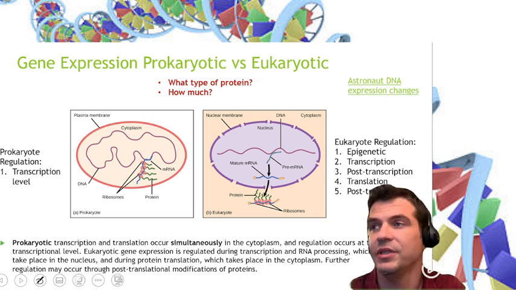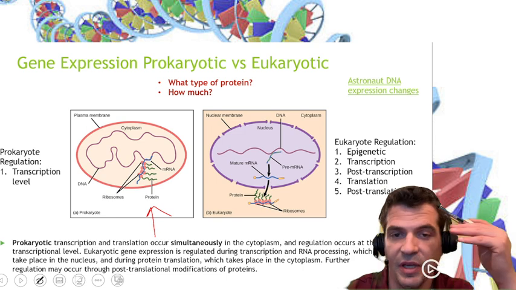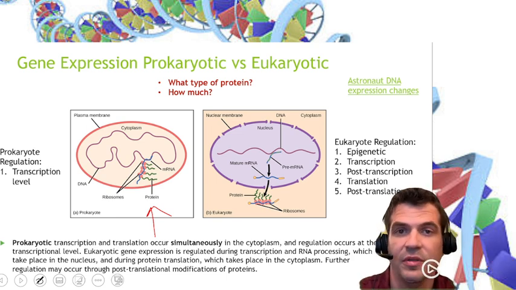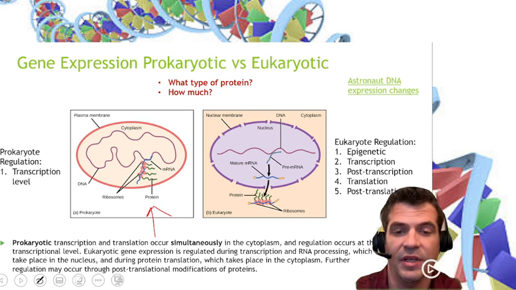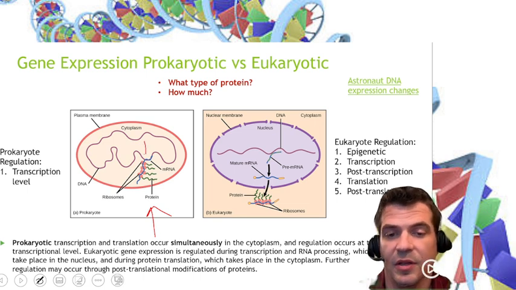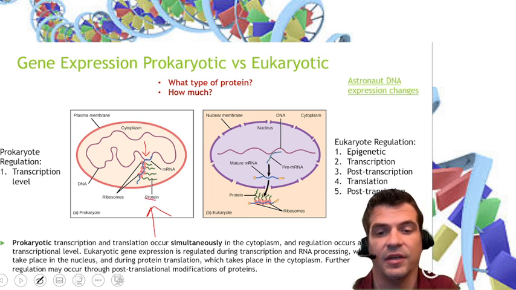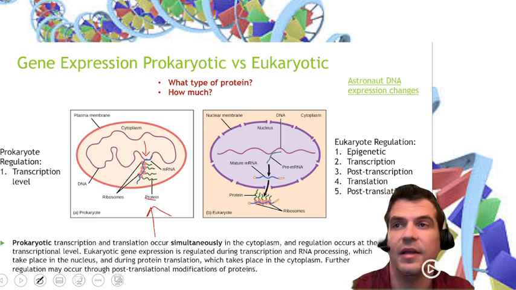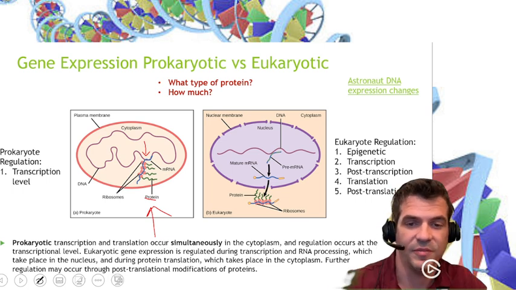Well, look at this picture here. As it is just being transcribed, the ribosomes find the strand and make the protein, and make the protein, and make the protein. That's what they do.